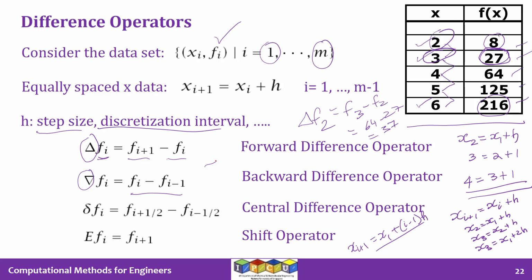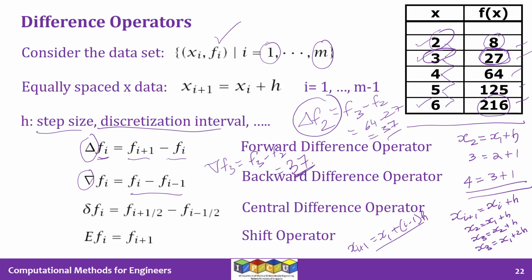So the backward difference operator on f3 will give us f3 minus f2, which is equal to 37 because f3 is 64 and f2 is 27. So what we see here is delta f2 is 37 and inverted delta f3 is also the same 37.